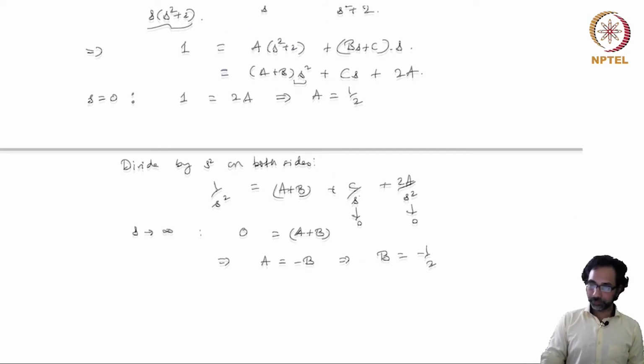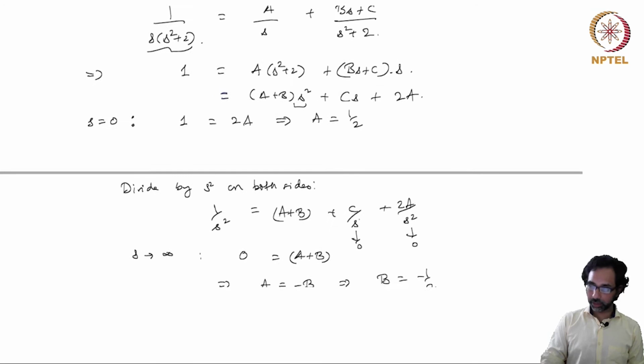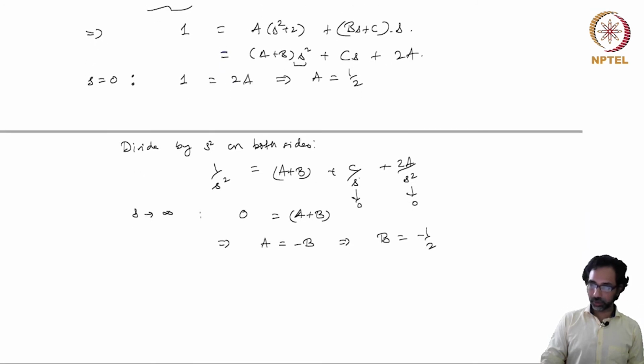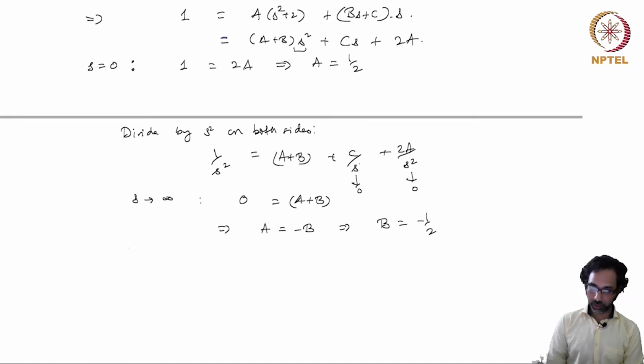So you can evaluate two of the coefficients like this, and now you can simply plug in any value of s in this identity, and since we know the values of A and B, we can find the value of C. So now let me plug in s equals minus 1.